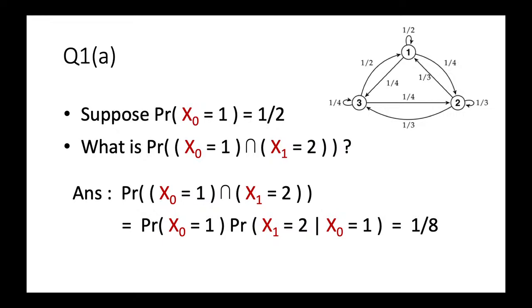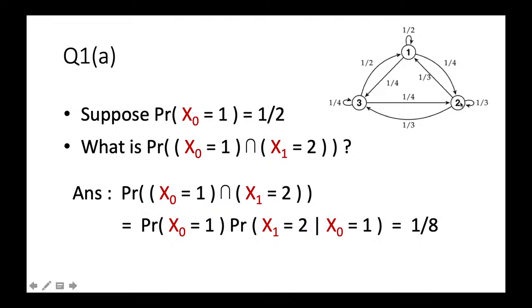So first of all, suppose that at the initial state, we have probability 1/2 to be in state 1. So this is the initial case. We want to find out what is the chance that x0 is equal to 1 and then the next step x1 is equal to 2.